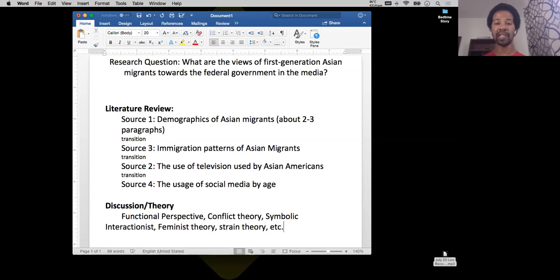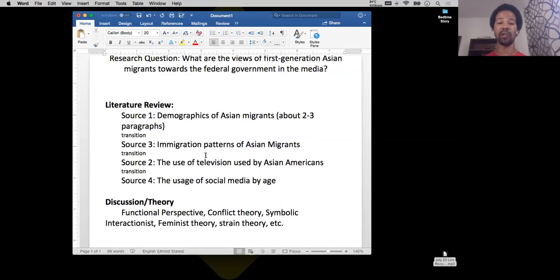You can analyze the data however you wish. Just as well, make sure that you look at all of your data and analyze it from one perspective.